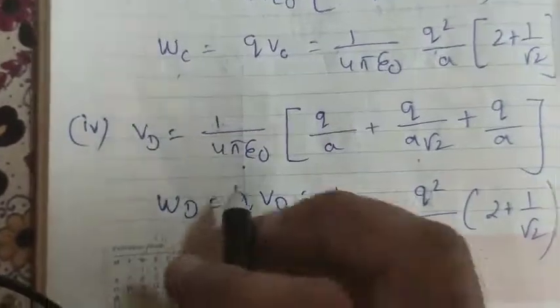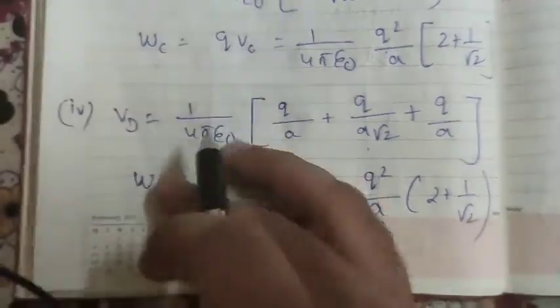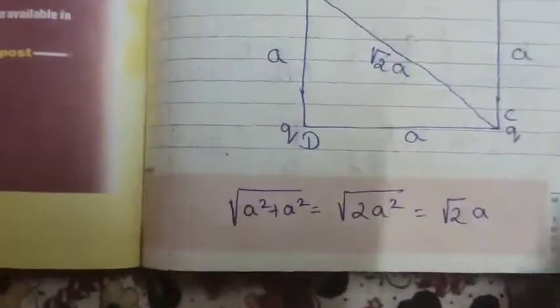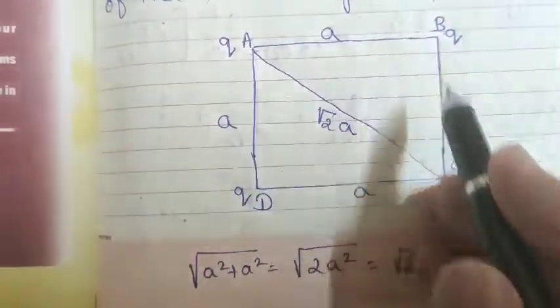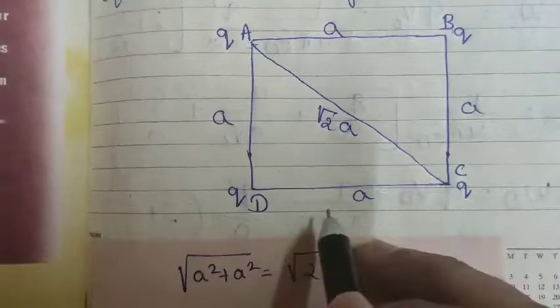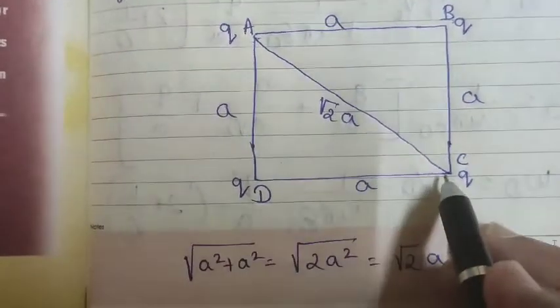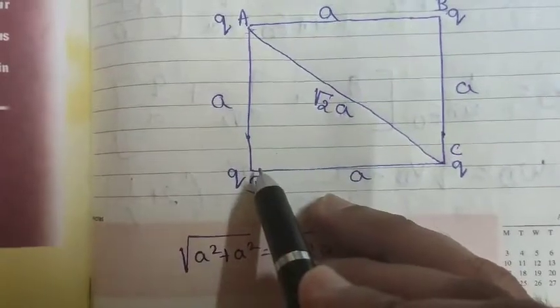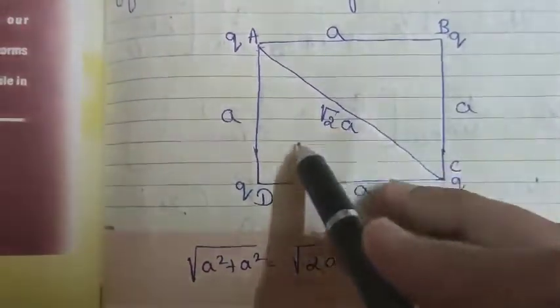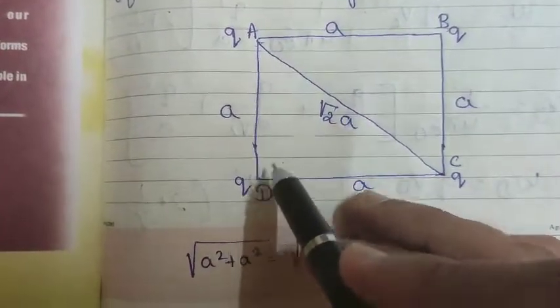Now let us find out VD. When you place the charge at D, how much work do you have to do? Already all these charges are present. So one distance is this one, due to this one repulsion will be there, due to this another repulsion is there, and due to this diagonal, repulsion is there. What is this distance?